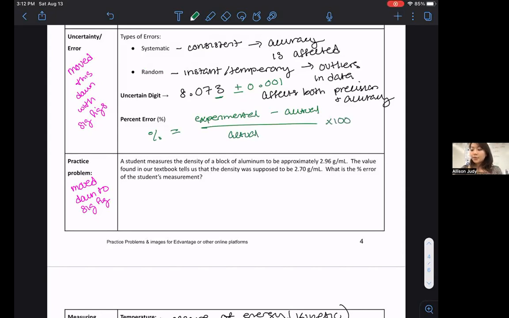That's how we calculate how off, whether under or over, our experimental data is compared to a set accepted value. By the way, this formula can be written in many ways if you Googled it. I just like the terms experimental and actual because we're talking about experimentation.